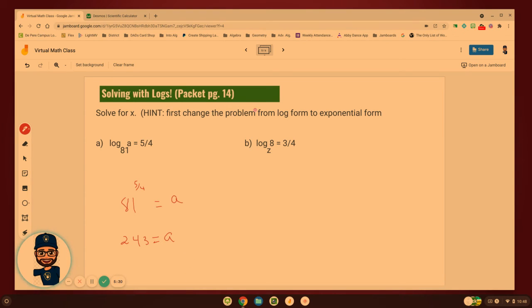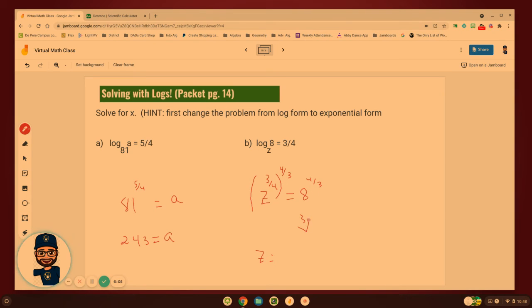Letter B uses quite a bit of information from our previous chapters. We start out with a base of z, and we raise it to the opposite side. z to the 3/4 equals 8. What is my process then to get z by itself? We raise this whole thing to the reciprocal, 4/3. If I do that on one side, I have to do that to the other side, which means we are looking for 8 to the 4/3.